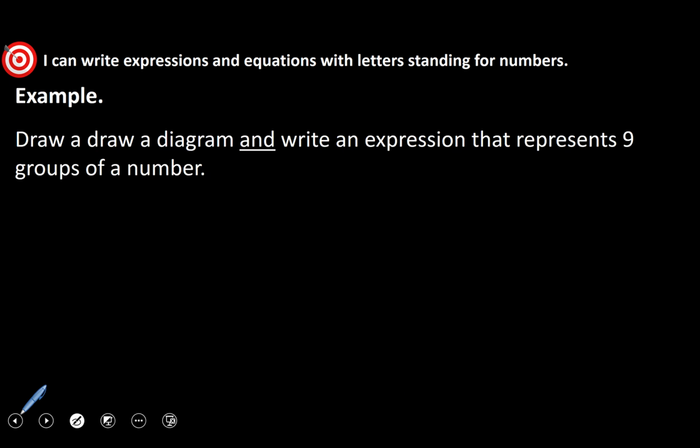Draw a diagram and write an expression that represents 9 groups of a number. So 9 groups of a number. If I have, let's see, B is a number. I don't know what number it is, but it's a number.